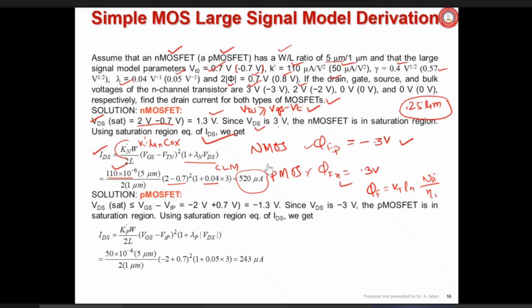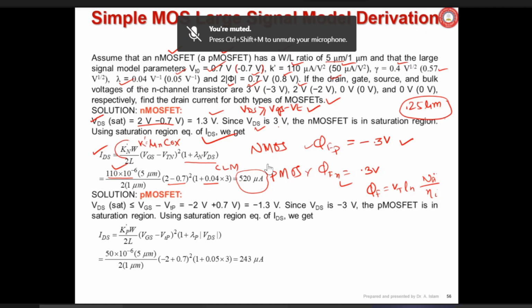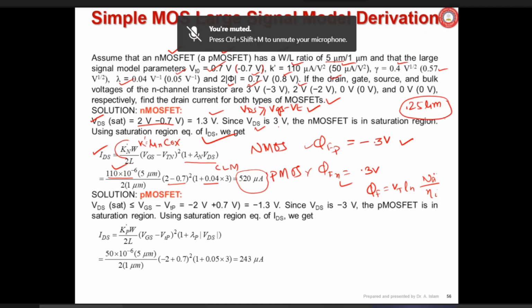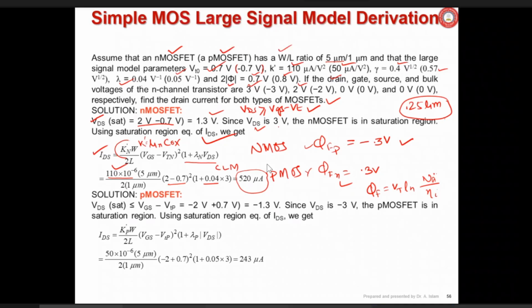Tripathi, could you understand, or any doubt? Anybody has any doubt? We have just discussed the equation, and derived the equation also. Somebody tell, is it understandable? The saturation region part, can you explain again? See, we have already discussed.